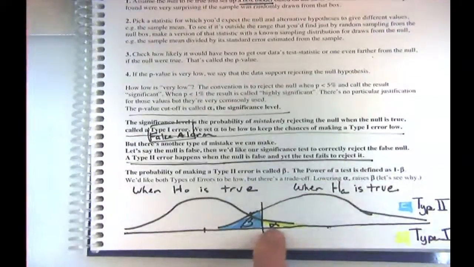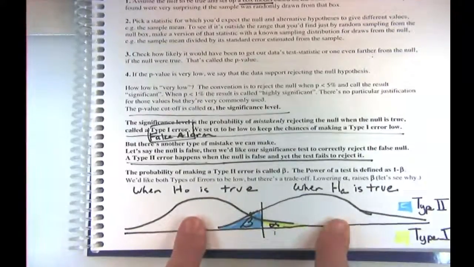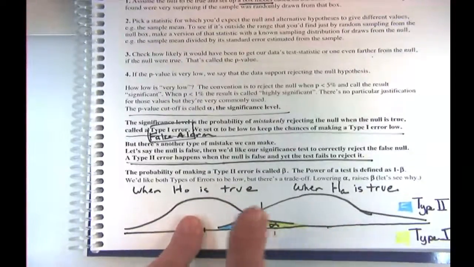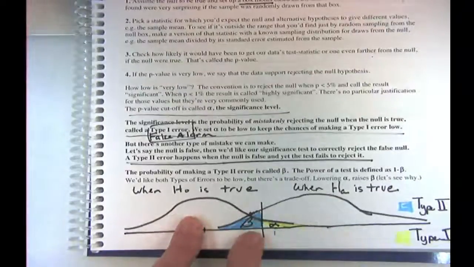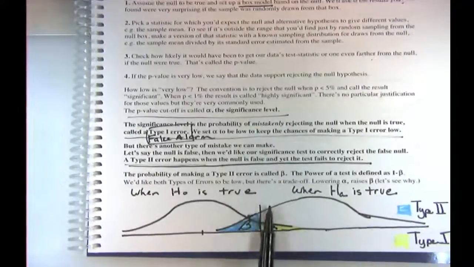And we set alpha, and once we set alpha, everything else being equal, then beta is going to be determined. Now, look, when we set alpha, we're setting this null cutoff.